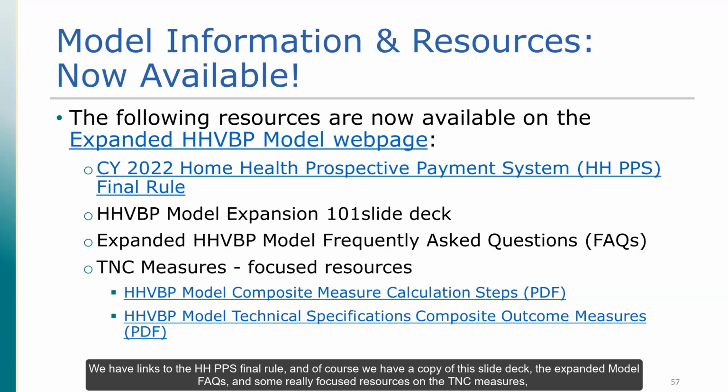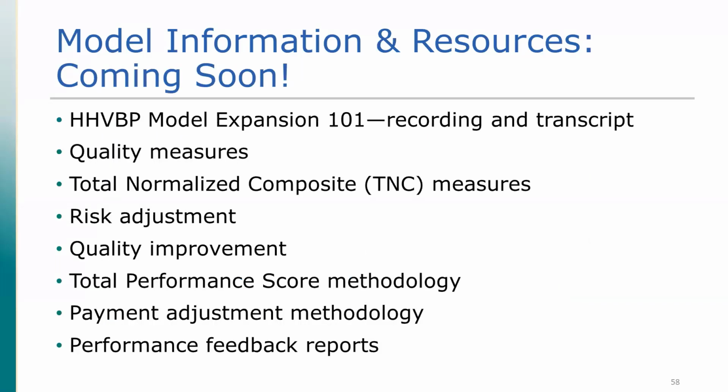We have links to the HHPPS final rule. Of course, we have a copy of this slide deck, the expanded model FAQs, and some really focused resources on the TNC measures. So one document focuses on the calculation steps, and the other is a technical specifications document for those composite measures.